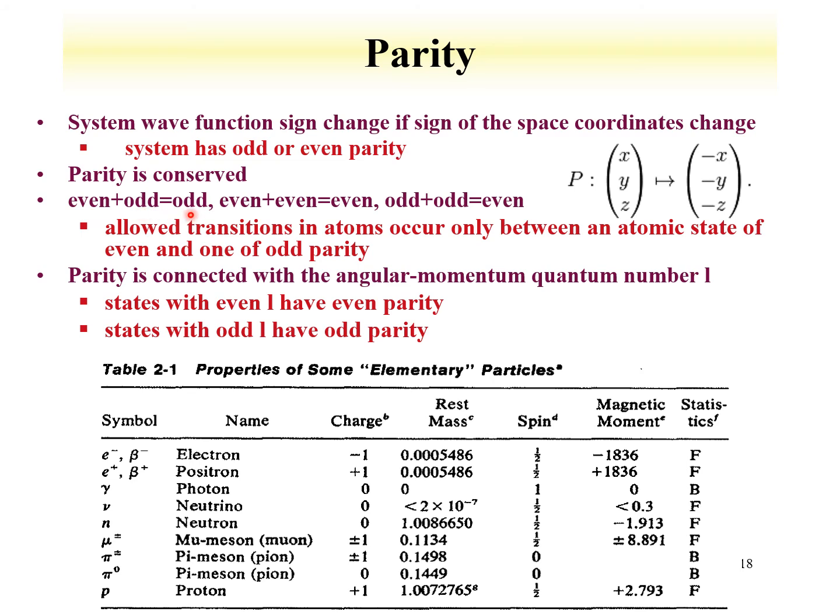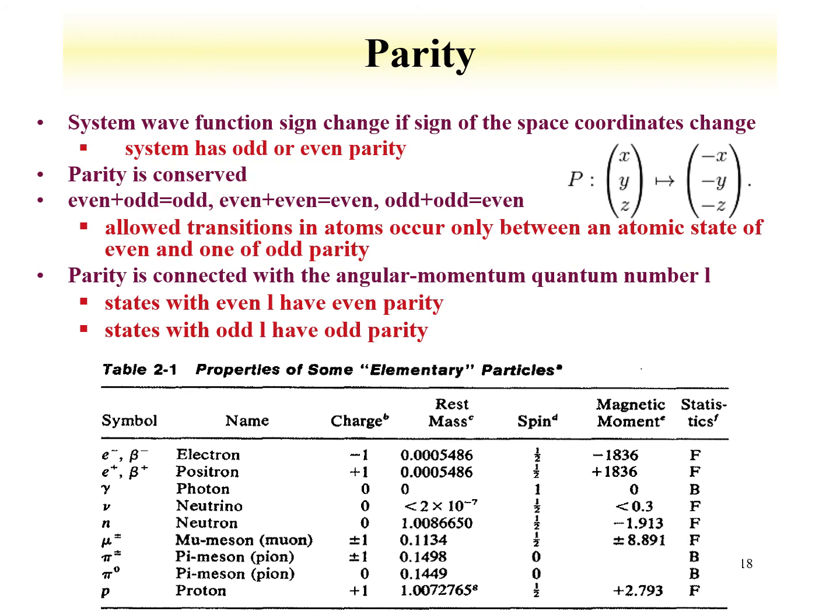What this really means is, as a nucleus decays and goes from one state to another, spin is important and parity is important. As it slides into a spin state, does that state have a similar parity or not to the state that it's coming from? We'll see that allowed transitions, those decays which tend to have shorter half-lives, are going to be between states of even and odd parity.